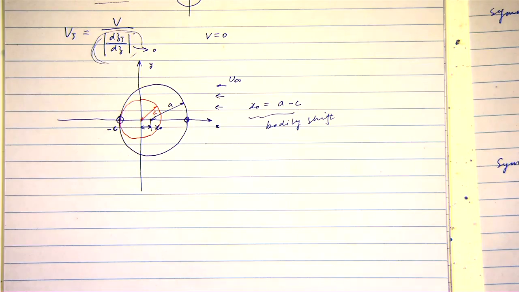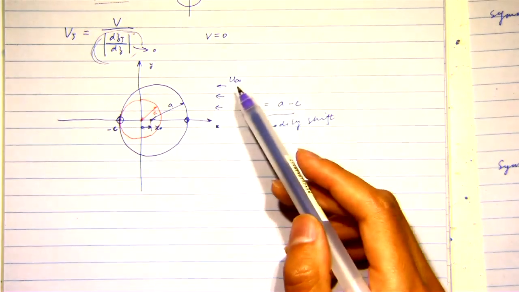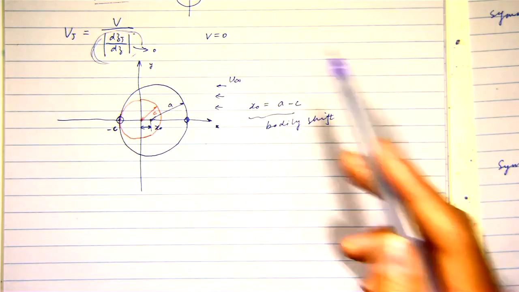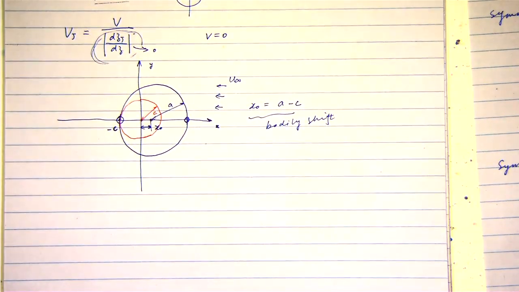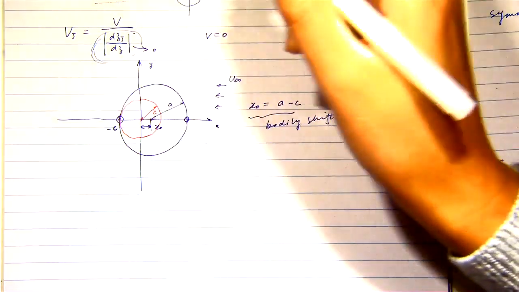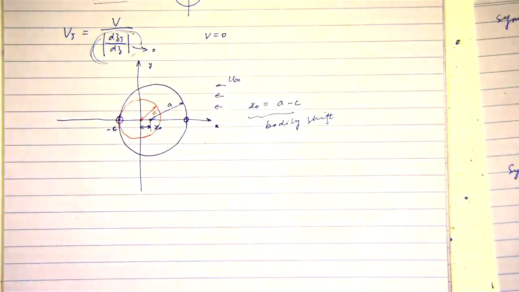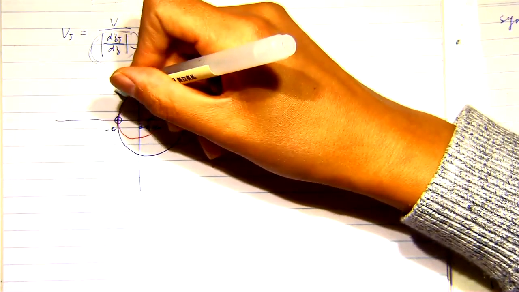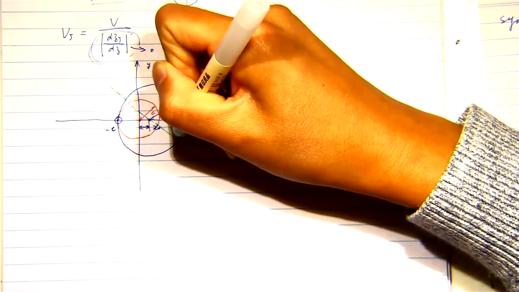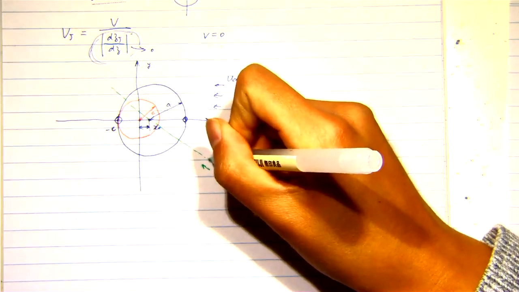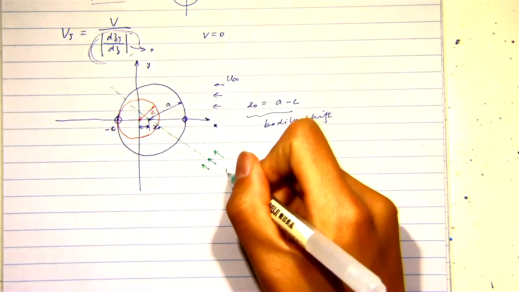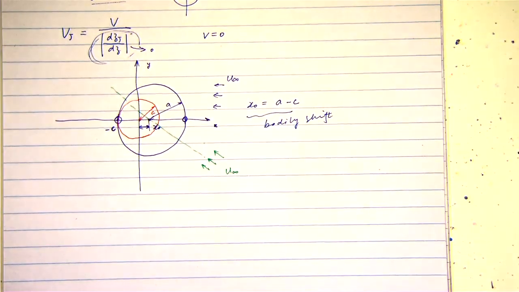And what if we consider the angle of attack of this flow? So imagine that instead of U infinity coming from right to the left, we consider an angle, U infinity goes this way. So this is the new direction of U infinity, okay?